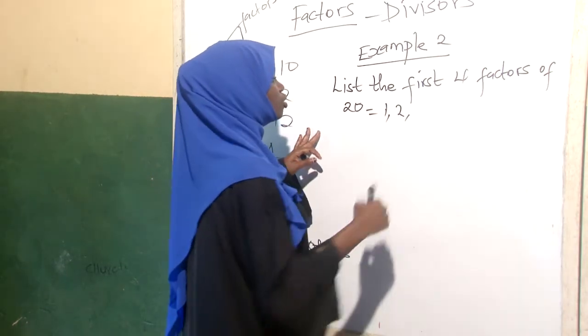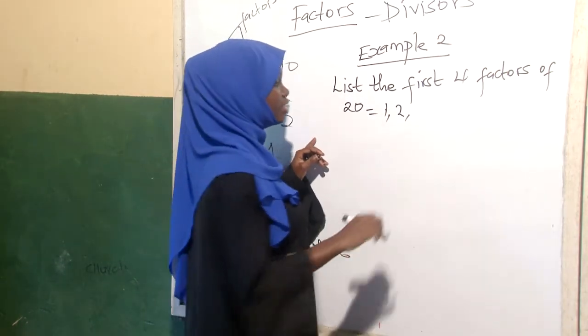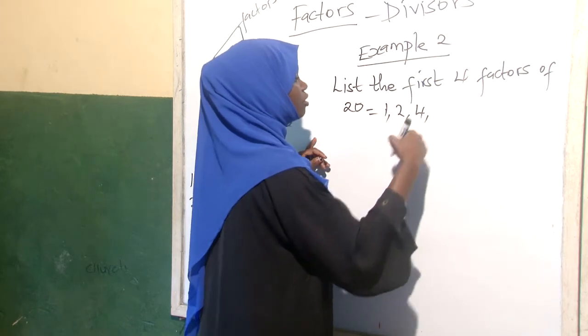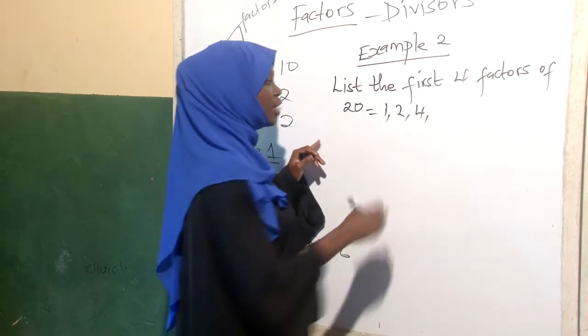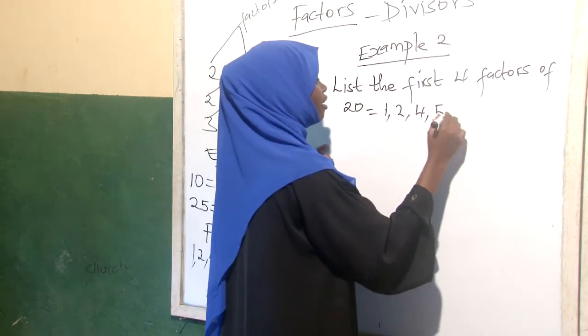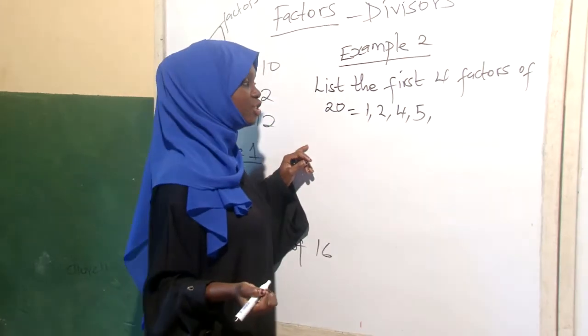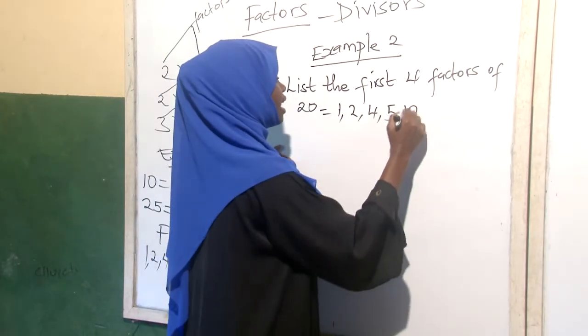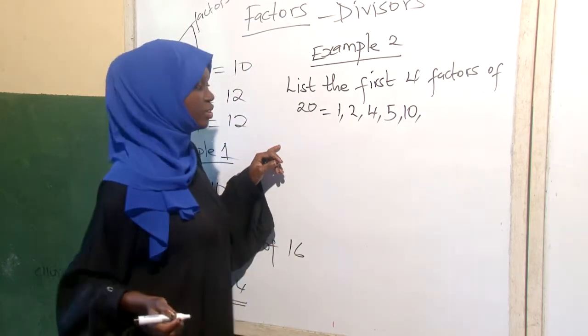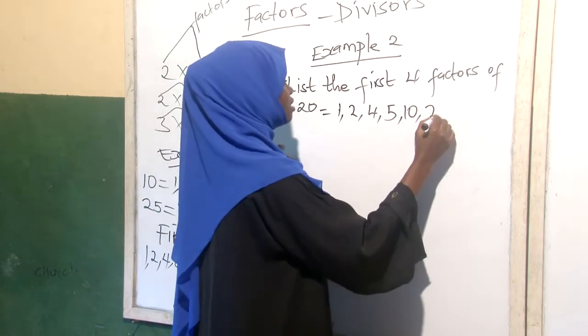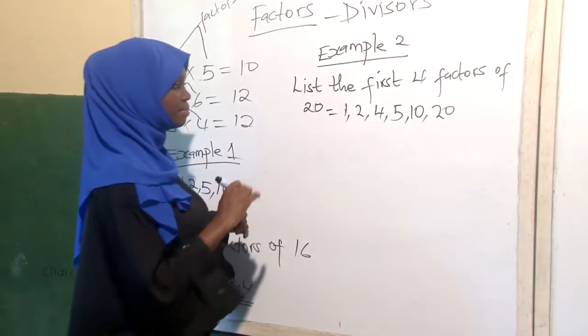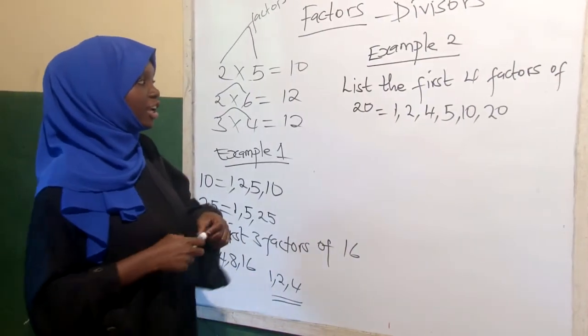And then 2 times 10 will get 20. And then 4 times 5 will get 20. And then 5 times 4 will get 20. And then 10 times 2 will get 20. And then lastly we have 20, because 20 times 1 will be 20.